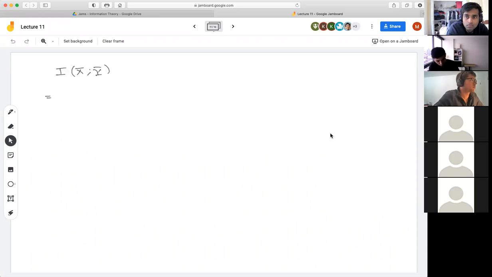But we can write things as entropies. So we can always write this as the entropy of X bar minus the entropy of Y bar, where Y bar is nothing but a shorthand for Y1 to Yn.